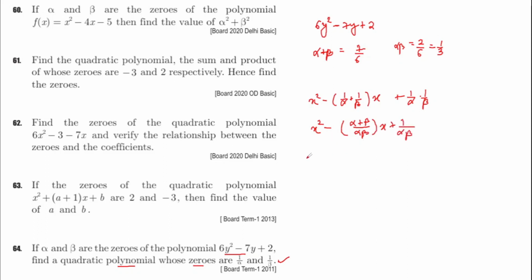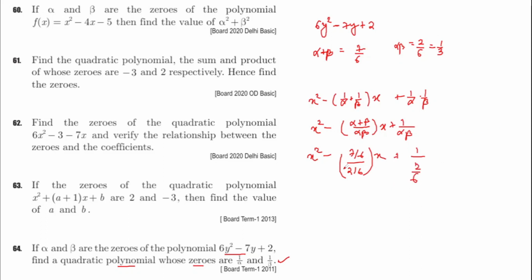So x square minus alpha plus beta will give you 7 by 6 and alpha beta will give you 2 by 6, x plus 1 by alpha beta is 2 by 6.